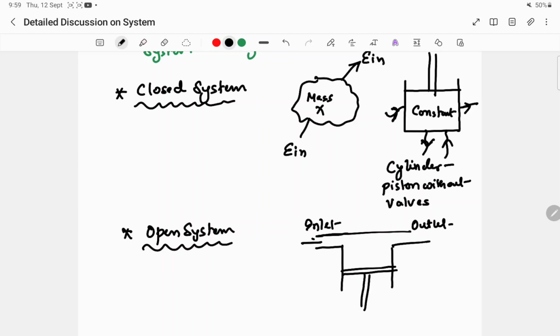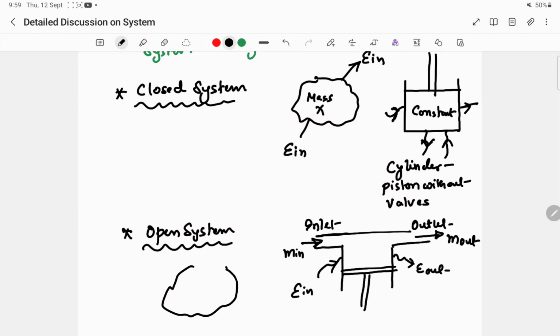So the gas can make an entry and then the exhaust gas in the form of mass will go out. So there is mass in and mass out, and also there is energy in and energy out.